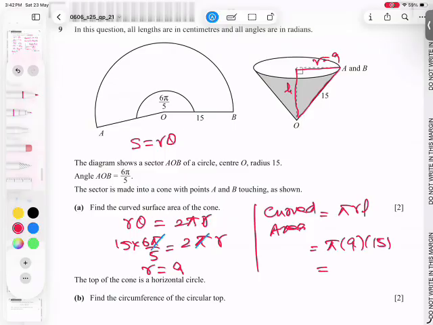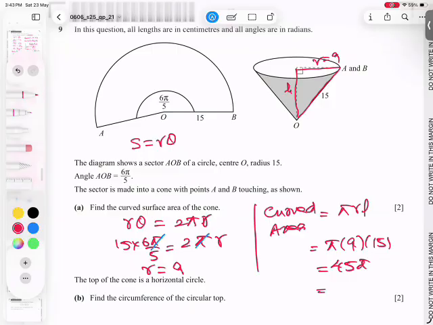He is asking the curved area of the cone. So it is 15 times 9, so it's coming 45 pi.